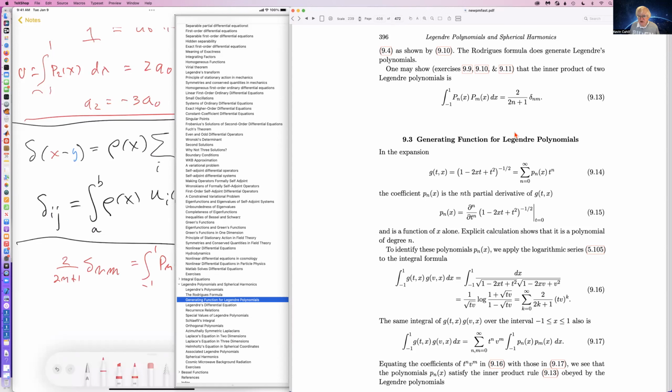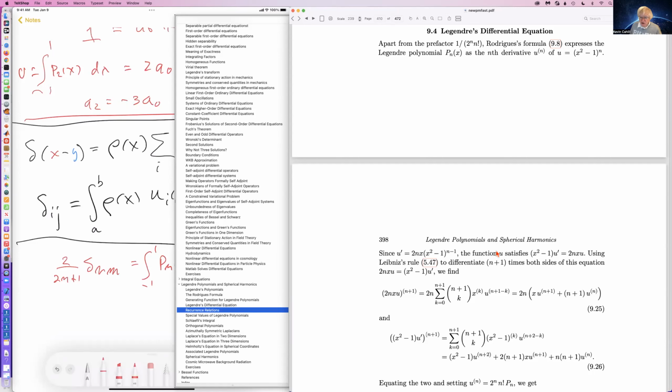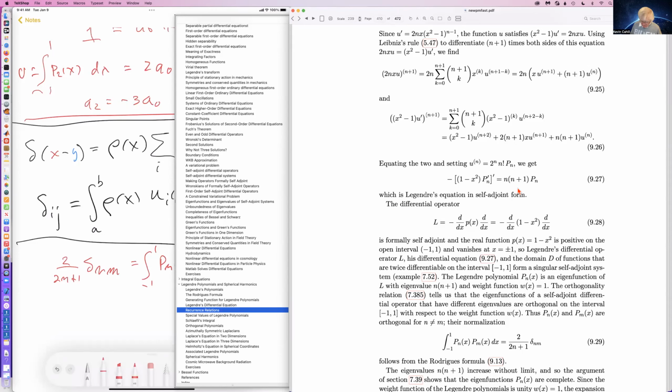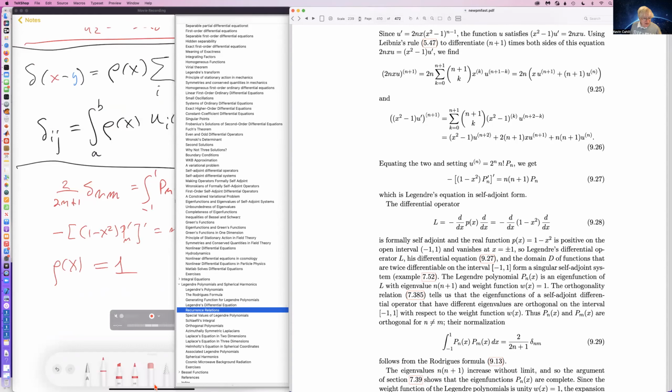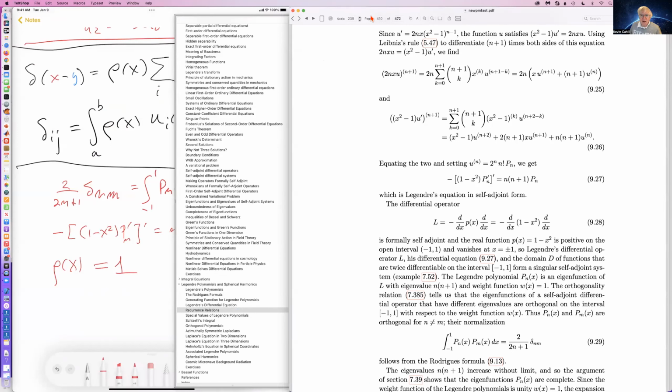And if we look at the differential equation, here's the differential equation: minus the derivative of (1 minus x squared) P_n prime is equal to n times (n plus 1) P_n of x. Well, this tells us that rho of x is equal to 1, and this tells us that also.